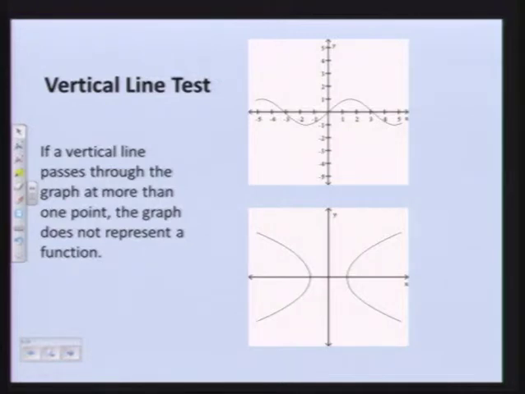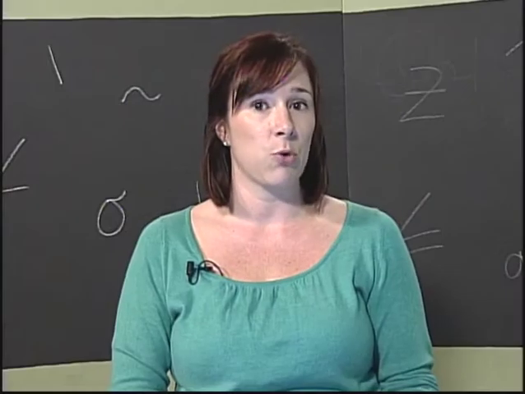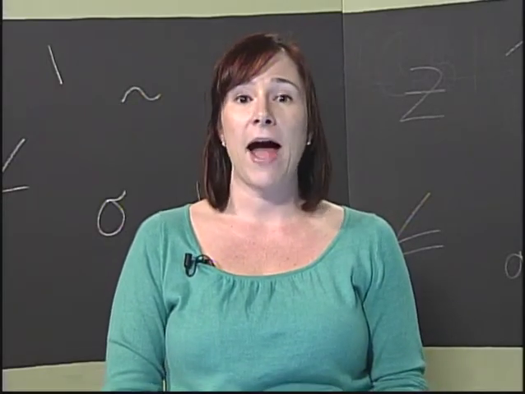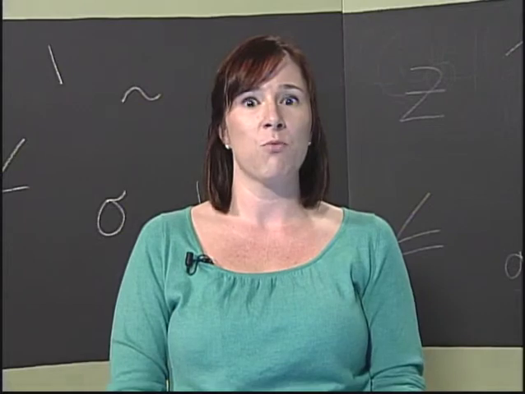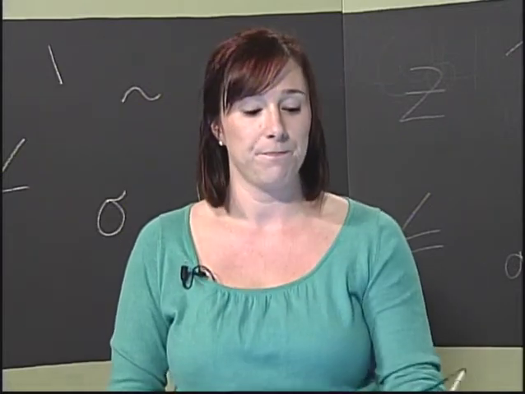We pass a vertical line through the graph at different points. If the vertical line hits the graph more than once, then it is not a function. Remember, we can't have any particular x value occurring more than once. So if a graph uses an x value more than once, it's not a function.